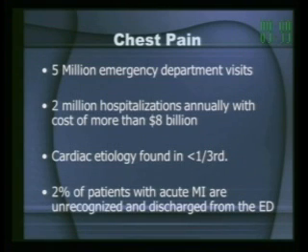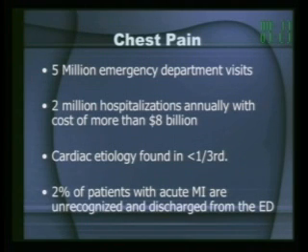Now, chest pain alone is responsible for almost 5 million ED visits every year in the US. But importantly, only 1/3 of these visits are because of a cardiac cause. However, a more serious and more important fact is that nearly 2% of MI patients are actually missed in the ER and erroneously discharged.